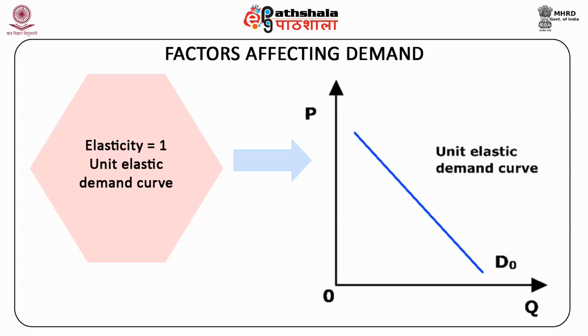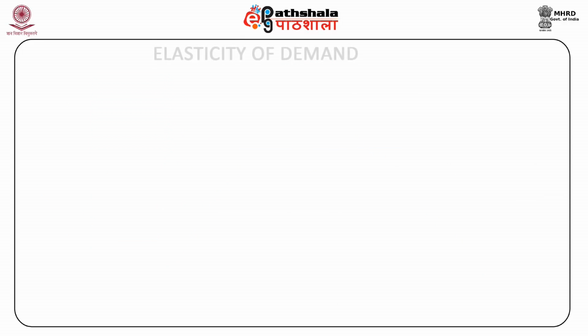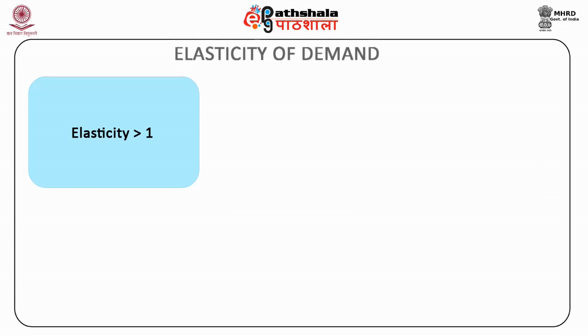If the value of elasticity is 1, then it represents that the quantity demanded is equally responsive to a change in its price. That is, quantity demanded changes in the same proportion in which price changes. In such a case, the demand curve is said to be unit elastic. However, if the value of elasticity is greater than 1, then it is known as more than unit elastic and represents that the change in the quantity demanded is greater relative to a change in the price.